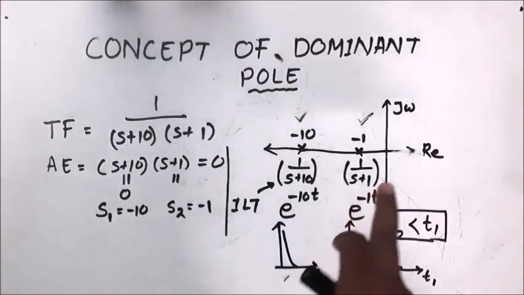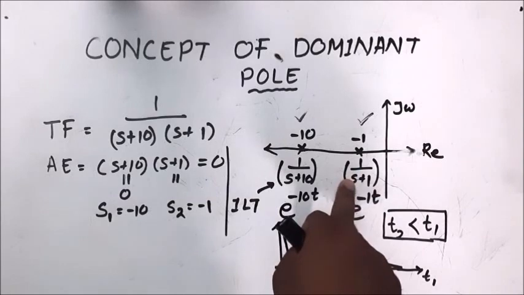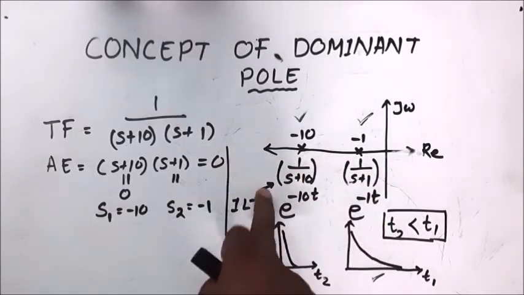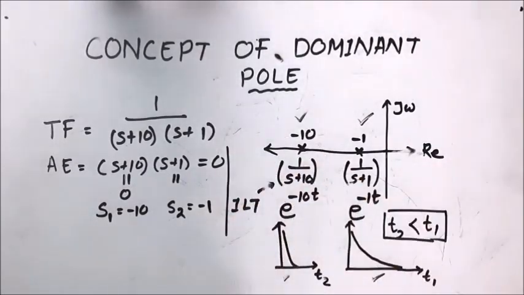The pole which can be used for transient analysis is called the dominant pole, and the pole which is not actually used for transient analysis is called the insignificant pole.